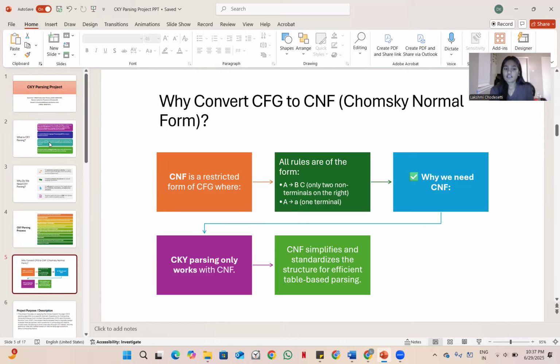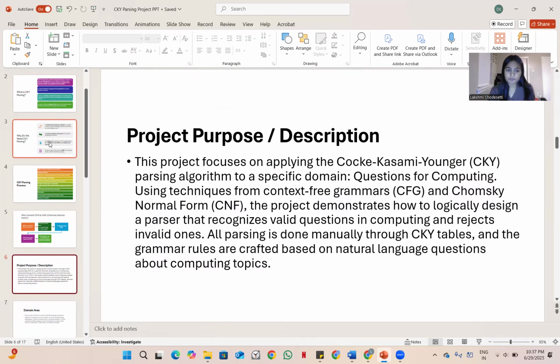CNF is a restricted form of CFG where all the rules are of the form A goes to B, C, only two non-terminals on the right side, or A goes to a single terminal. CKY parsing only works with CNF. CNF simplifies and standardizes the structure for efficient table-based parsing.